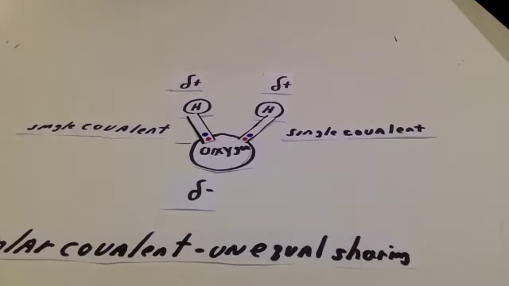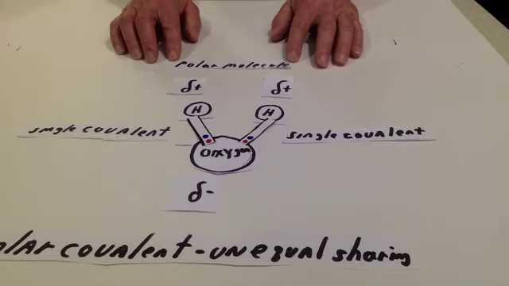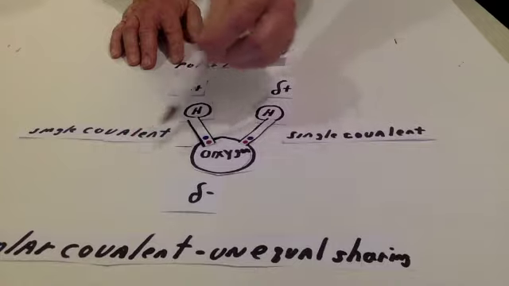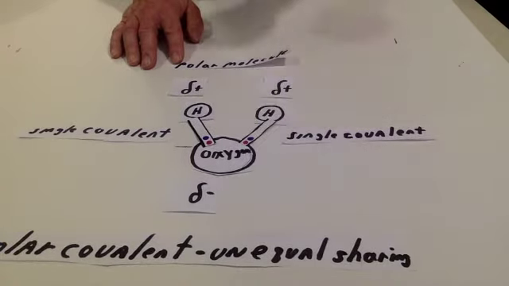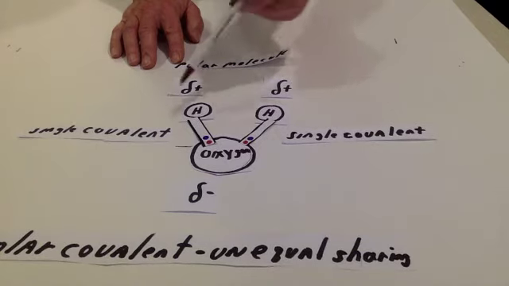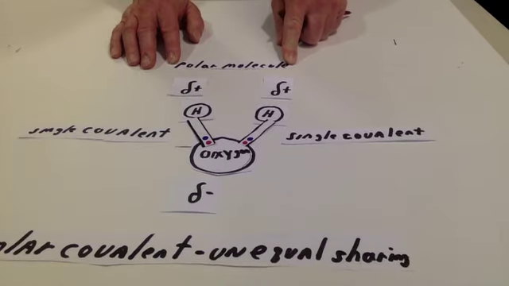What that creates is something called a polar molecule. A polar molecule means that we have a molecule that has one region, the oxygen region, with a slightly negative charge, and another region, the hydrogen region, with a slightly positive charge. Because we have regions of opposite charges, it is called a polar molecule.